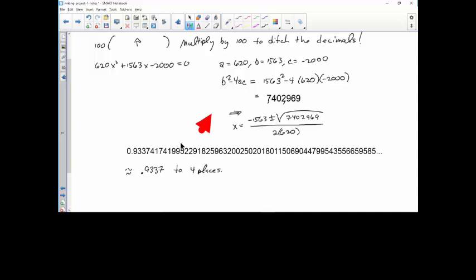Notice I did not round anything off until the very end. I stuffed all this in there, and then I rounded off my final answer. That's how you want to do it. You don't want to round off a number and then use that number in another calculation. I am very unforgiving of that. When I say I want it accurate to 4 places, it better be accurate to 4 places in the final answer.